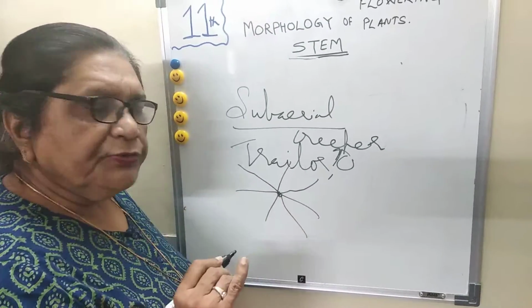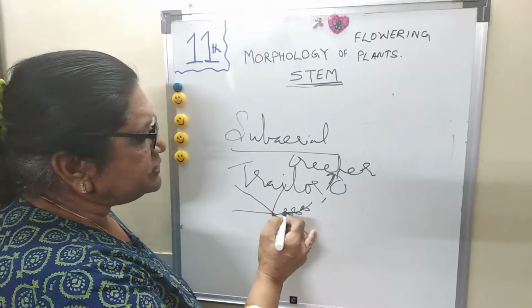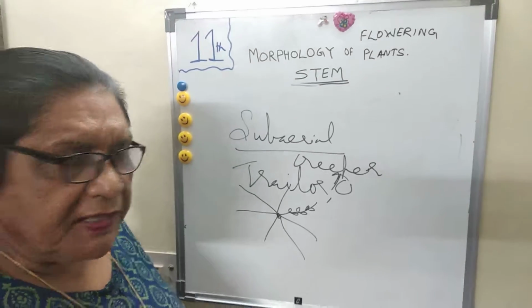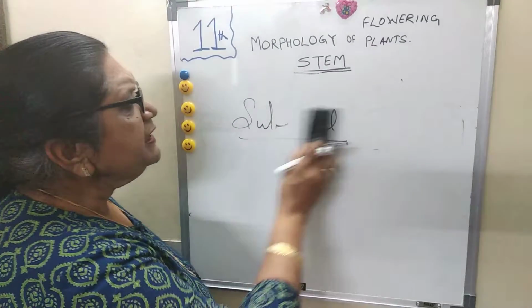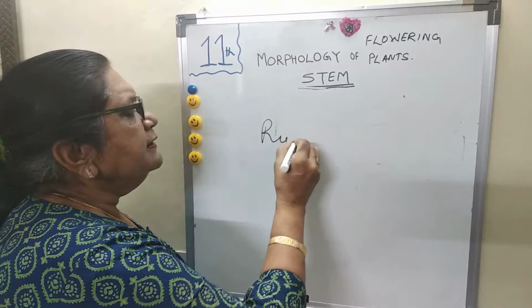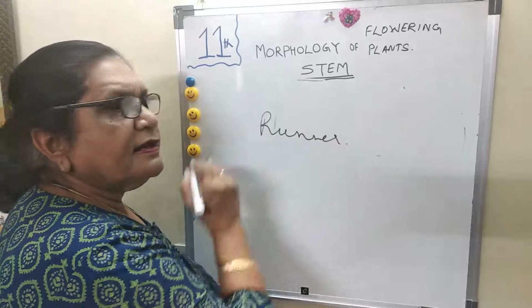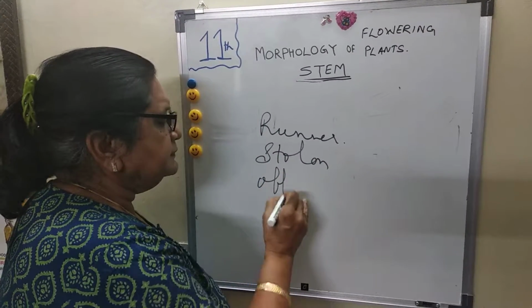This is the one root. They have very small red colored leaves like this. So they are subaerial, remain above the ground, but they need the support of the soil. Then the creepers further include runner, stolon and offset.